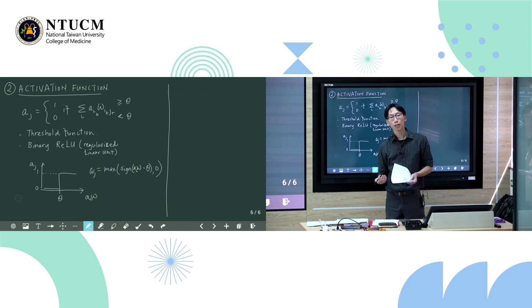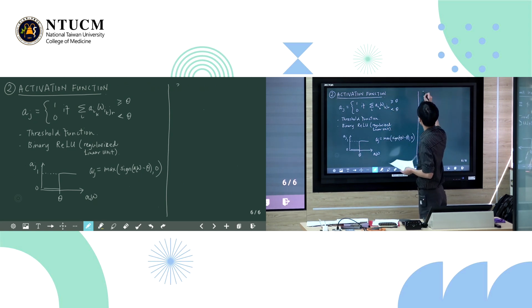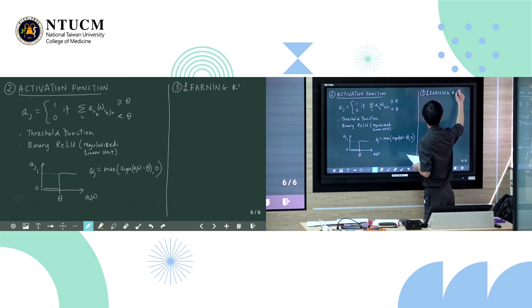What we didn't deal with last week was an updating or learning rule. And this is the distinction for this week. So we have the activation function, but we must also have a learning rule, or some people say updating function or updating rule.